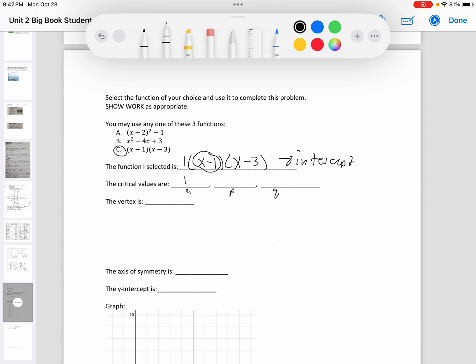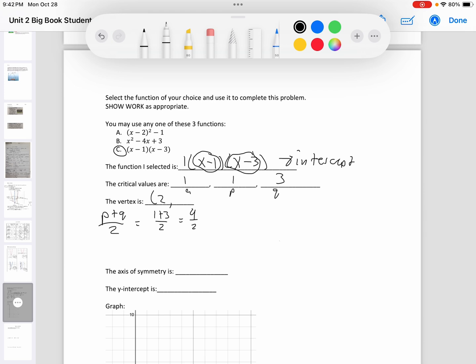So if we see x minus 1, this will be a +1. If we see x minus 3, this will be a +3. The vertex in intercept form is, we're going to take (p + q) divided by 2 to get the x value. So in this case, it would be 1 plus 3 divided by 2, which is 4 divided by 2, which is 2. So the x value of my vertex is, again, 2.